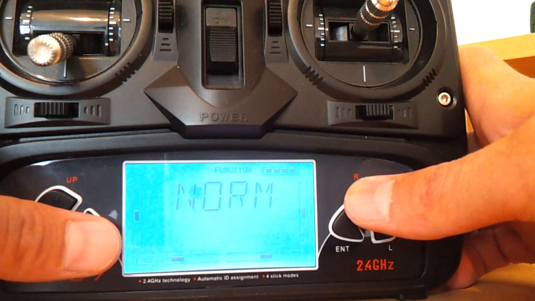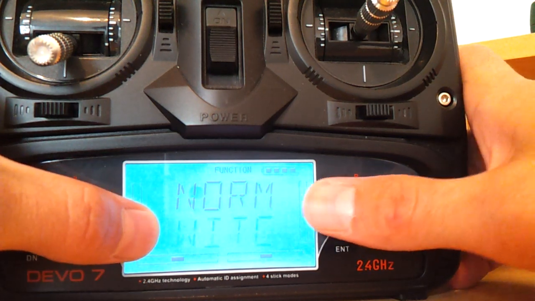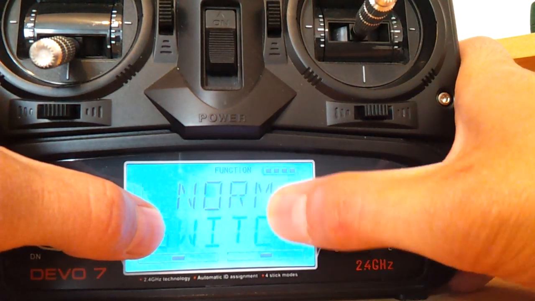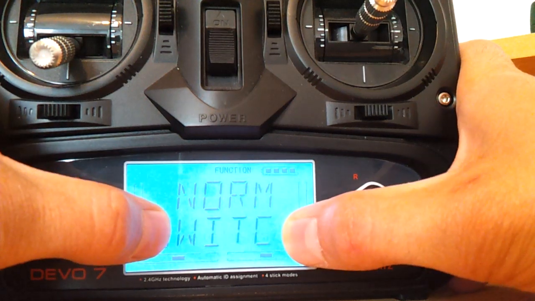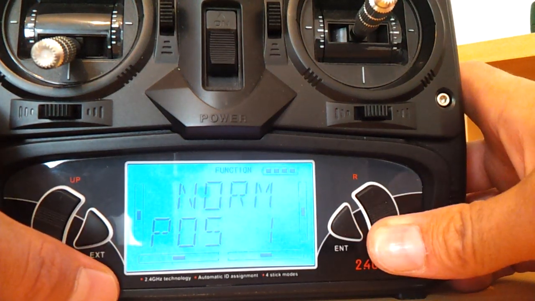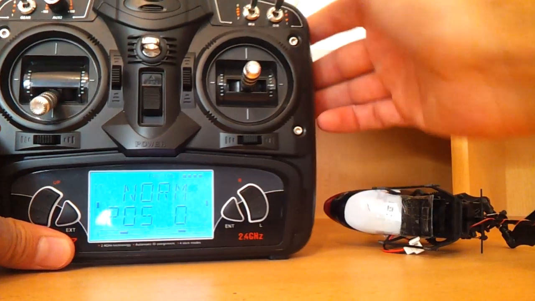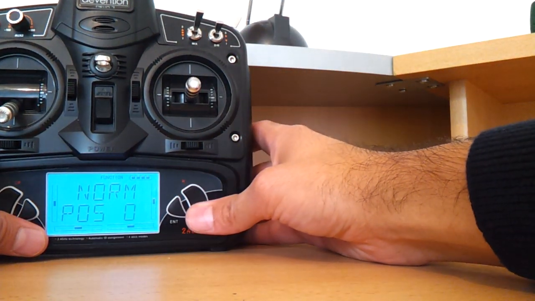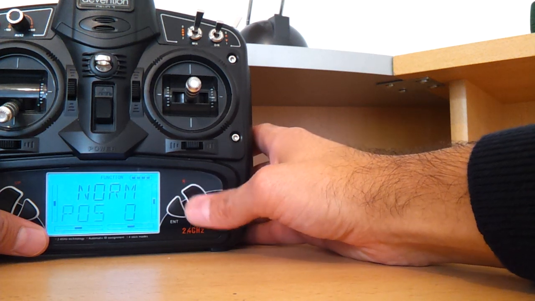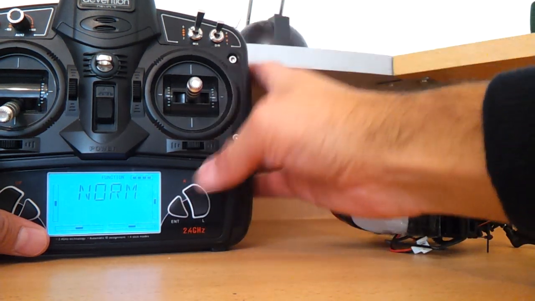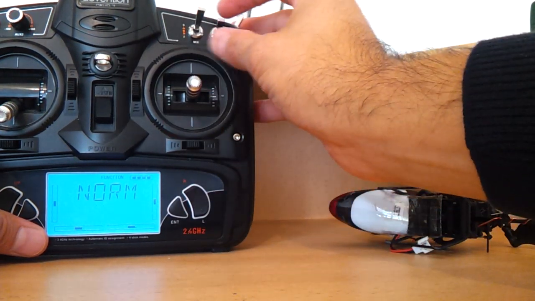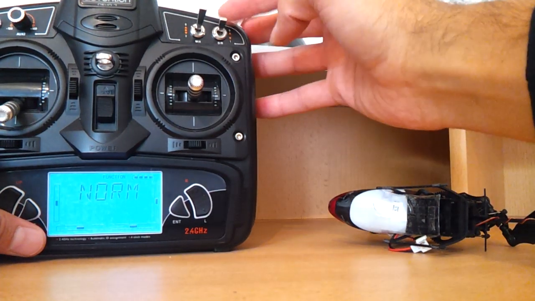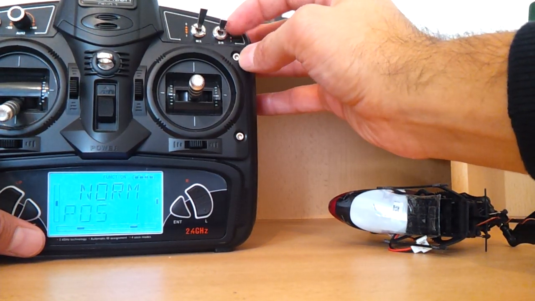Normal, so this is for all of your different DR and EXP, and you can adjust it differently. Normal is this switch all the way back, position 0, position 1. You can set these different switches to be 0 and 1 here.